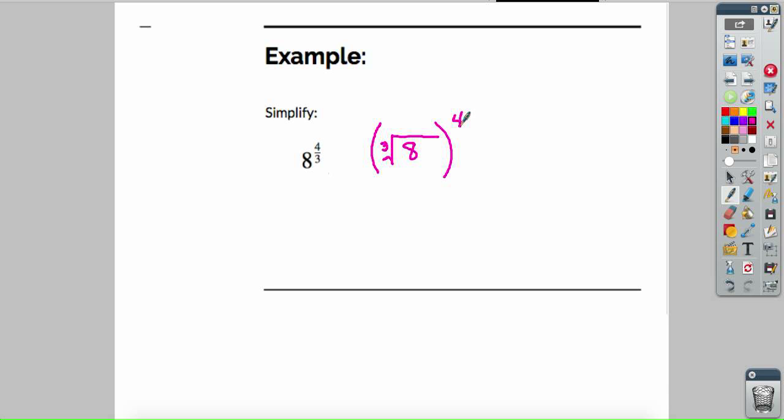So because I know from my chart the cubed root of 8 is 2, I now have 2 to the 4th, and 2 times 2 is 4, times another 2 is 8, times another 2 is 16. And so that's going to simplify to 16. And again, what I do is I look at my denominator, that tells me my root, and then I look at my chart. And if that number is in my chart, then I'm going to do that first and then my exponent.